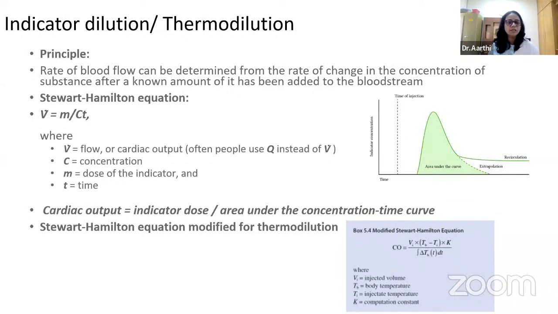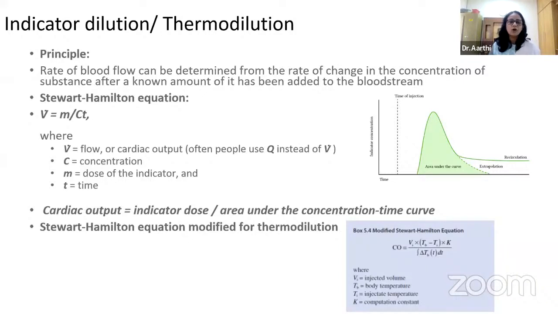So the principle to assess the cardiac output is based on the rate of blood flow, hence the cardiac output, which can be determined from the rate of change in the concentration of a substance after a known amount of it has been added to the bloodstream. So Stewart Hamilton arrived at an equation where flow is directly proportional to the dose of the indicator and inversely proportional to the concentration time curve.